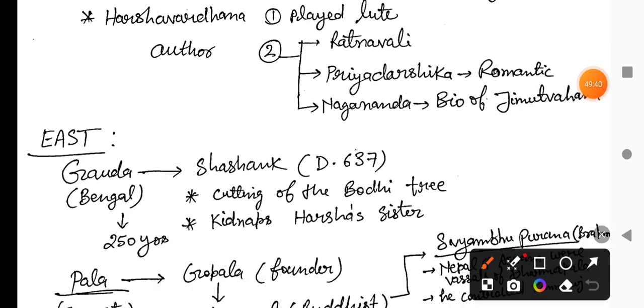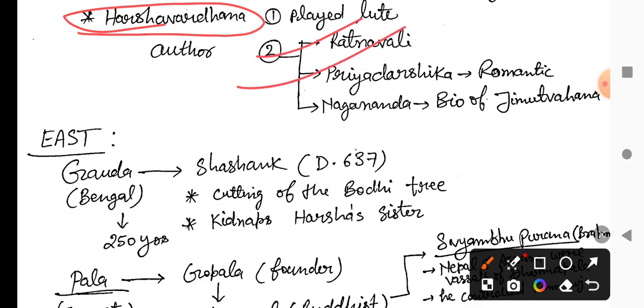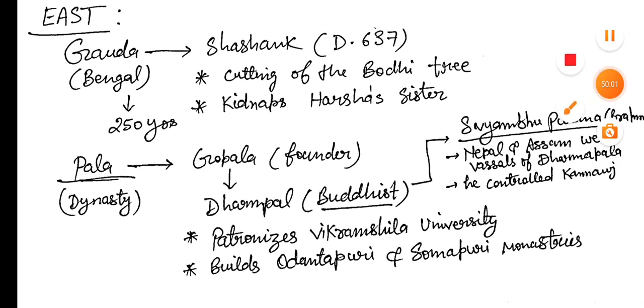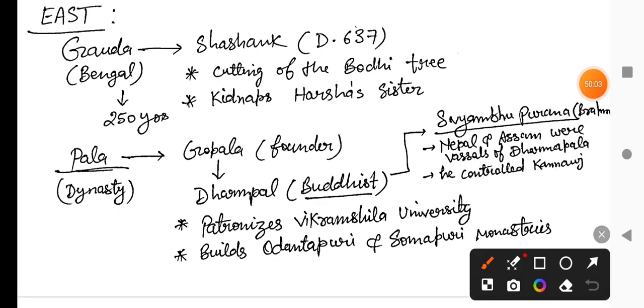Okay, and Harshavardhana was also a prominent poet who wrote three plays: Ratnavali and Priyadarshika, that were based on romance, and Nagananda, that was based on the biography of Jimutavahana. Okay, and we will move to the east side of India, and there was the Gauda dynasty.